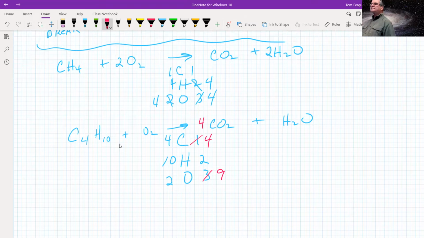What do you do about hydrogens? That's the only place you can put a number, in the front. Okay, let me make sure you understand. This says 4 molecules of CO2. We have 4 O2 and 4 carbon. That's why we have 4 times.